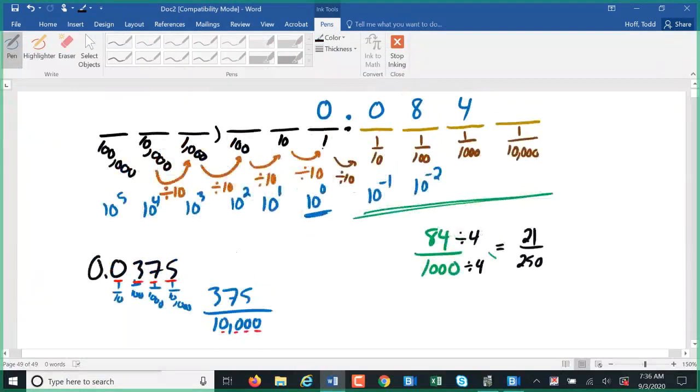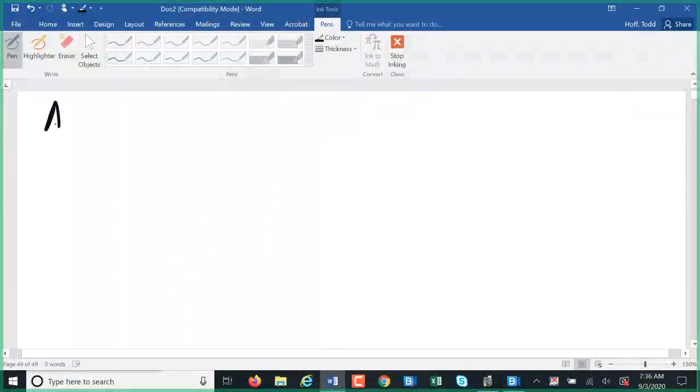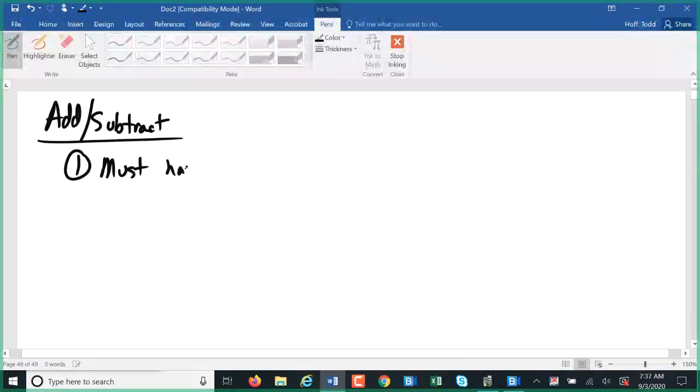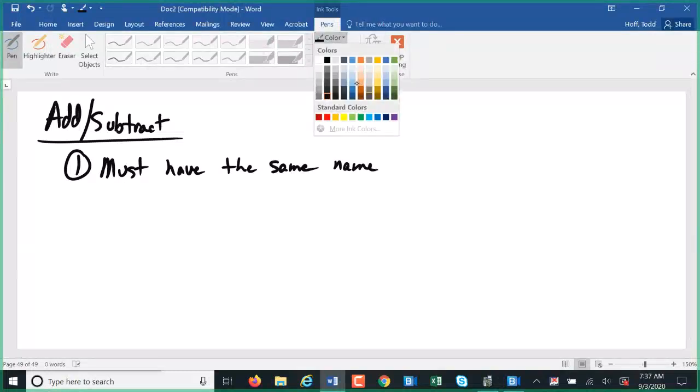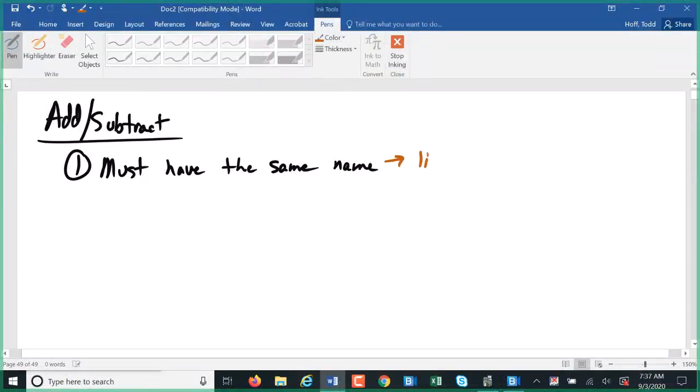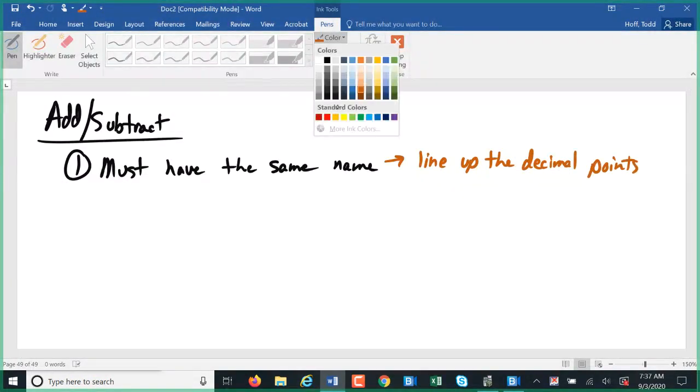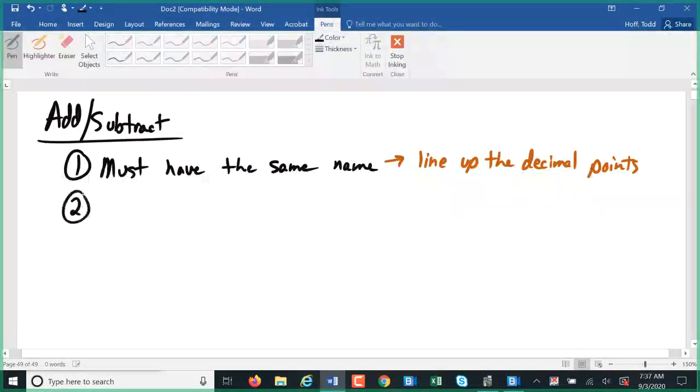So let's look at our operations then with these decimals. Remember, when we add or subtract, number one is we must have the same name. What does that mean for decimals? That means we have to line up the decimal points. Then, of course, we combine counts. We always combine counts.